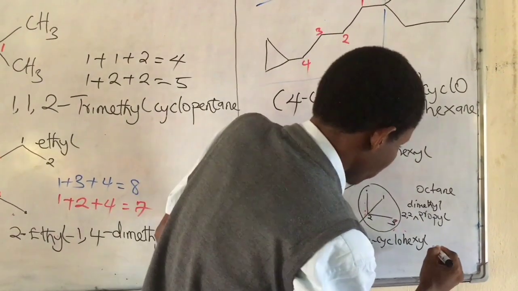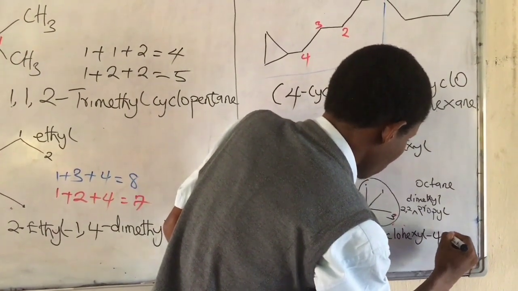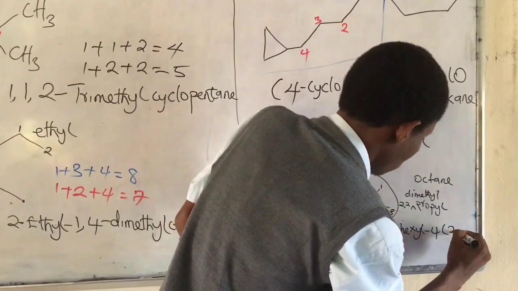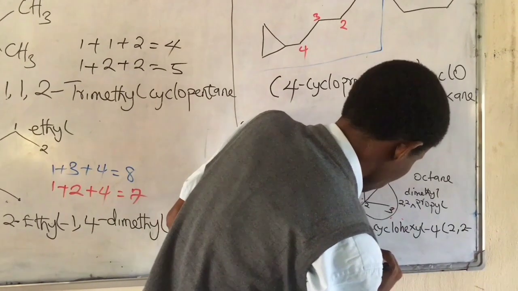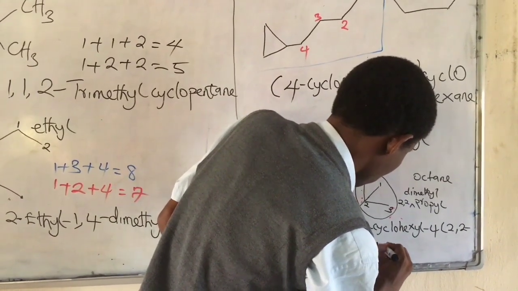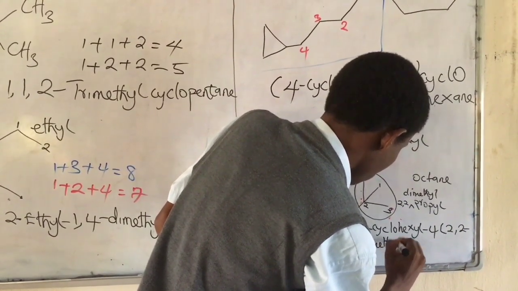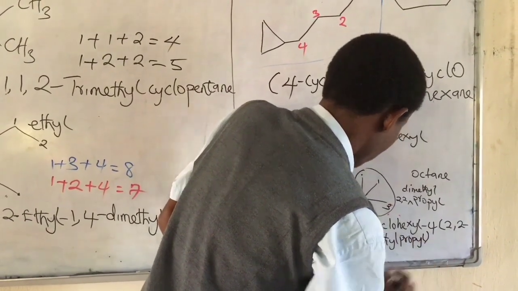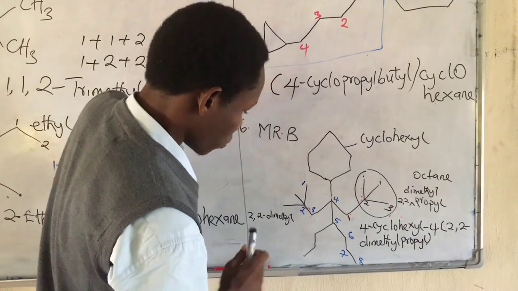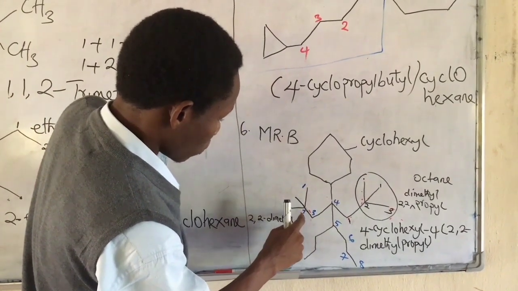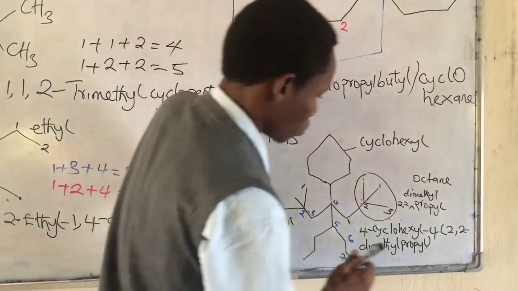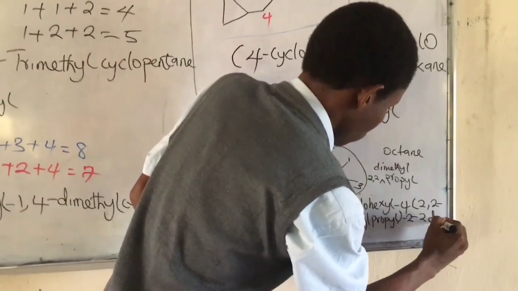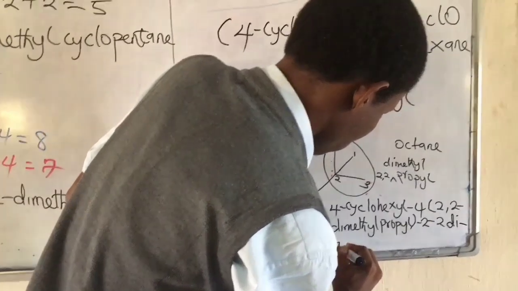Open a bracket. 4 also, bracket what? 2,2-dimethyl. 2,2-dimethyl what? Propyl. We close our bracket. Let's go to the next substituent, which is this. We have what? 2,2-dimethyl also. 2,2-dimethyl.